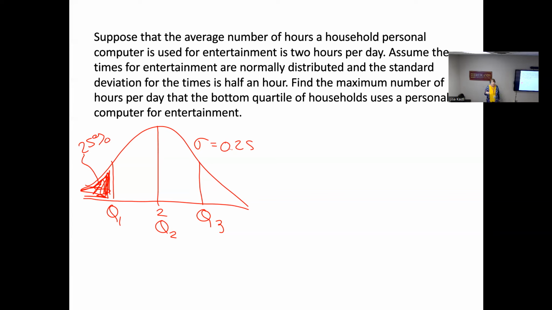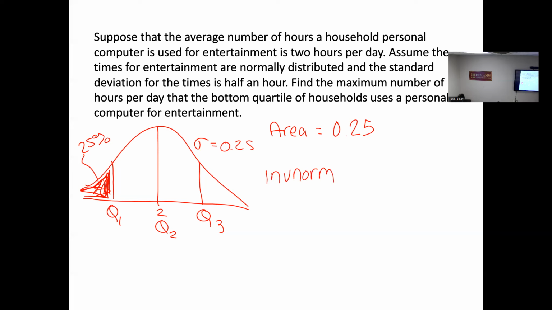So you're looking for the X value for which the area under the curve is 25%, 0.25. That's what the first quartile is going to be. So since I'm given an area, I'm given a probability, then I'm going to use inverse normal.